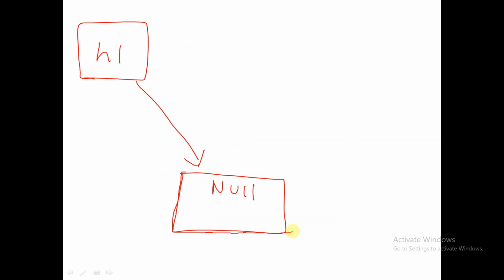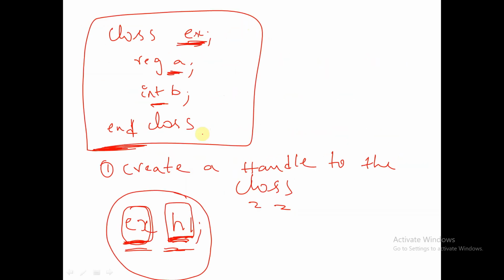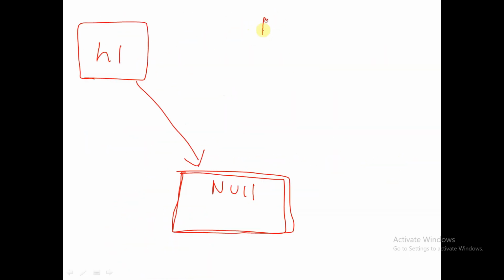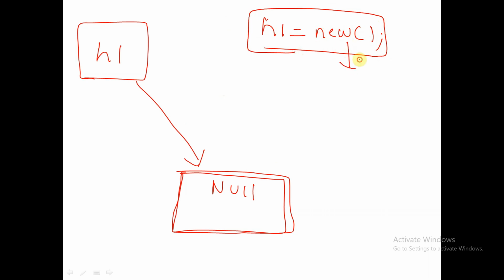If we want to create an object, then we will use this handle h1 and write h1 is equal to new. This new is called the constructor. Then only the object for the class will be created.